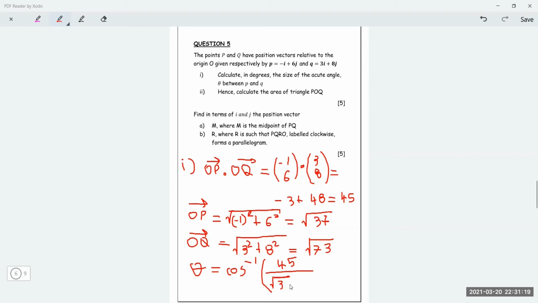And it says, give your answer in degrees.